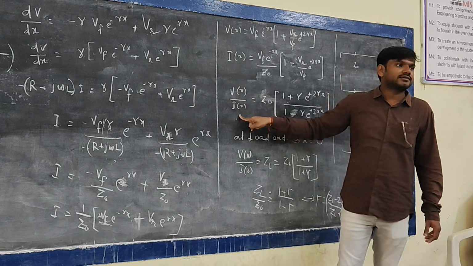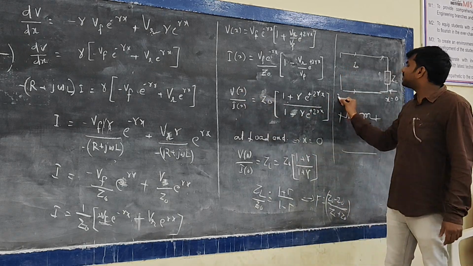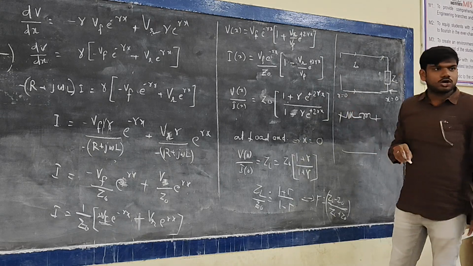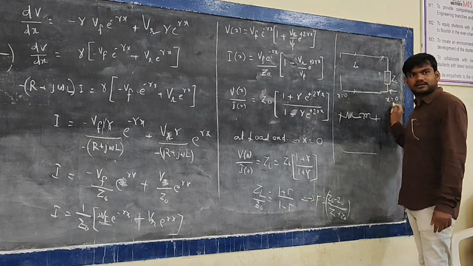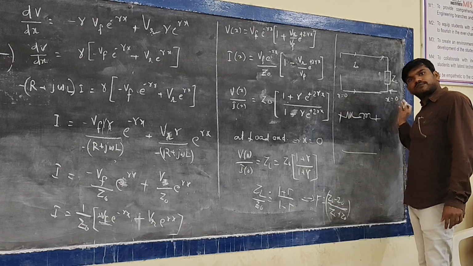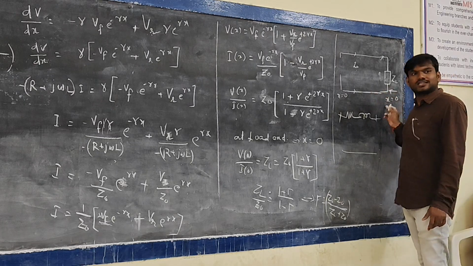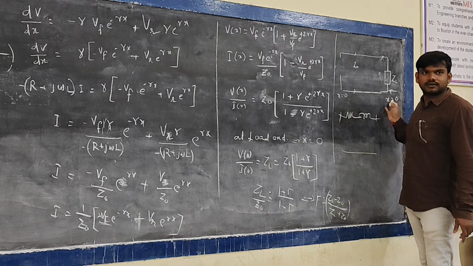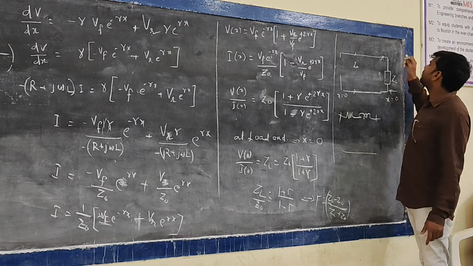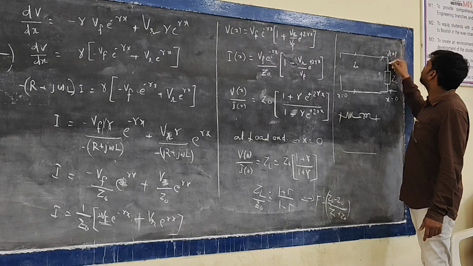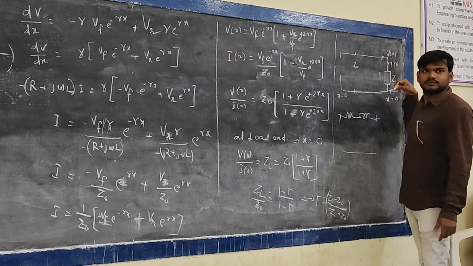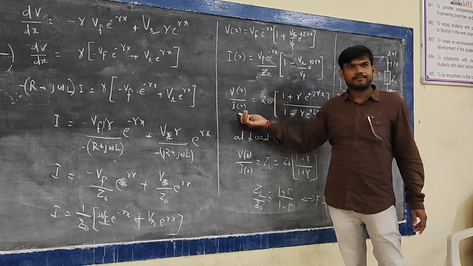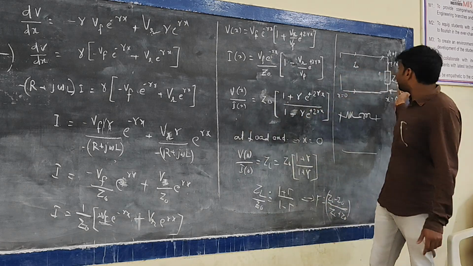From the source end, if I take x equal to 0, you will have the load at x equal to L, correct? From the load end, if I take x equal to 0, then it should be the load or not? So at the load side, if I consider x equal to 0, then what will be the ratio of V of x by I of x? ZL only.